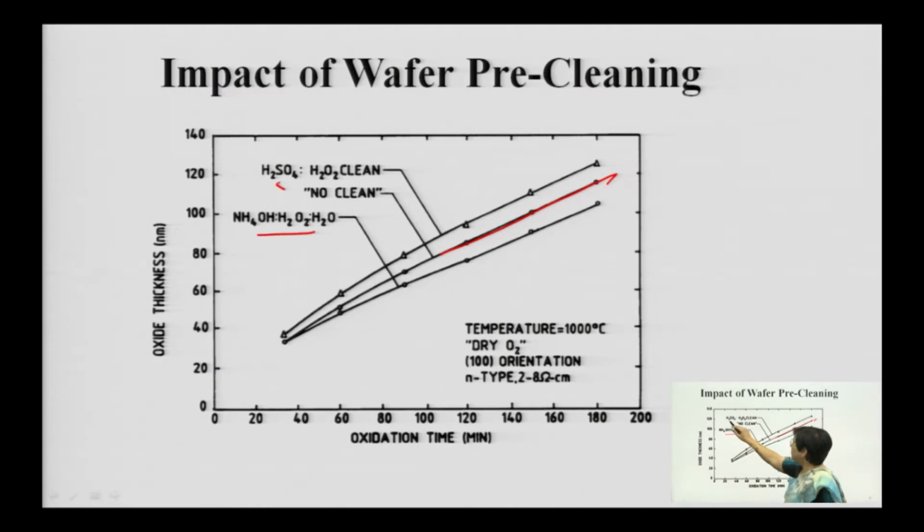Now, if you use hydrochloric acid and H2O2, that is hydrogen peroxide, this will remove all the metallic impurities and other impurities, and it will also remove the native oxide film, and thereby the oxidation which happens further will be at a much faster rate. If you do not clean the material, it will have an impact on the oxidation.